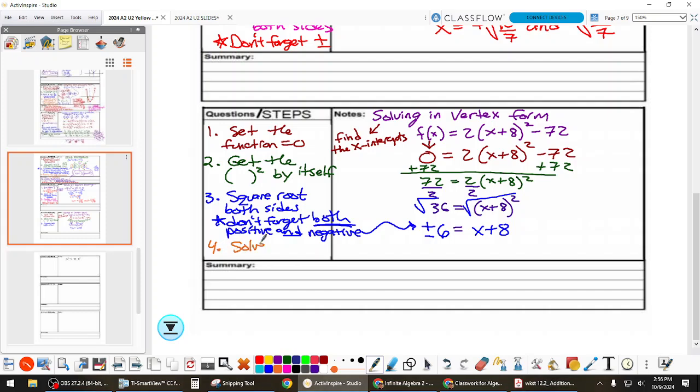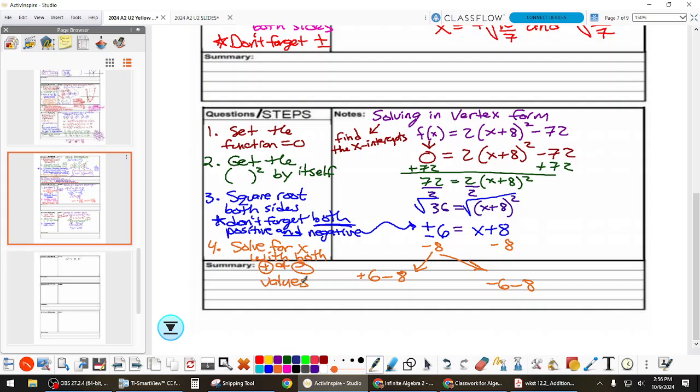So solve for x or get it by itself. What this actually means is we're going to subtract 8, subtract 8. But what that means is we're going to have negative 8 taking away from 6, so positive 6, but also negative 6. So it's both. Solve for x with both positive and negative values.